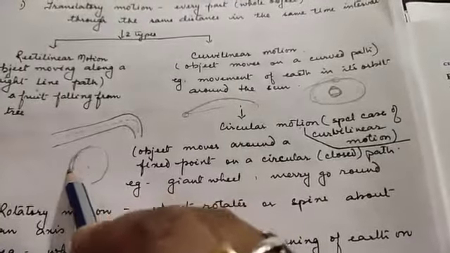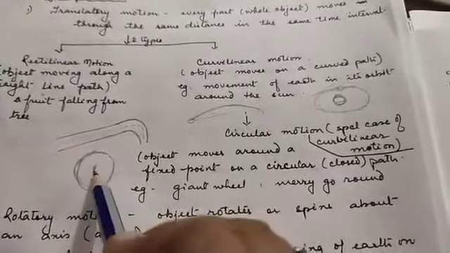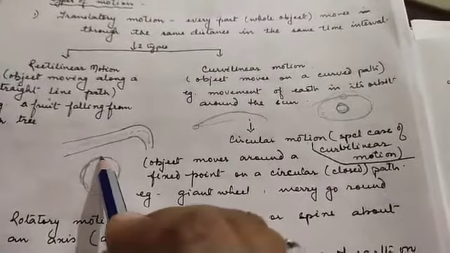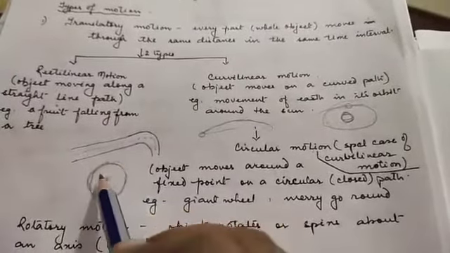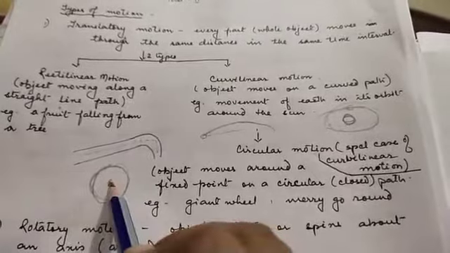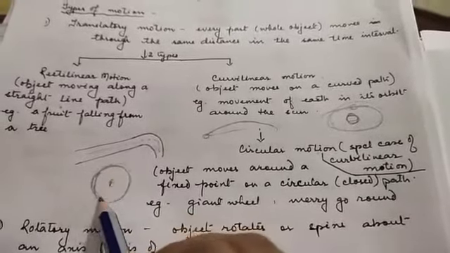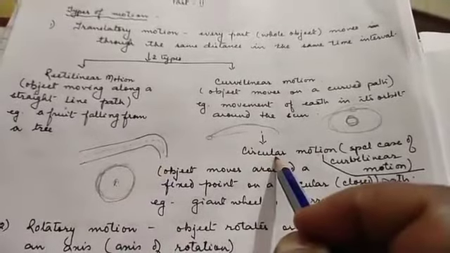The point is at the center of this circle. So the object moving around this fixed point on a circular closed path is known as circular motion. This is a special case. When the curve becomes a circle, then it becomes circular motion.